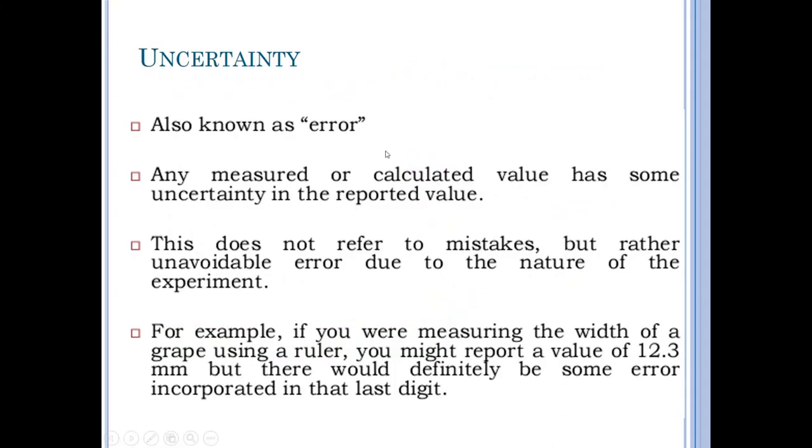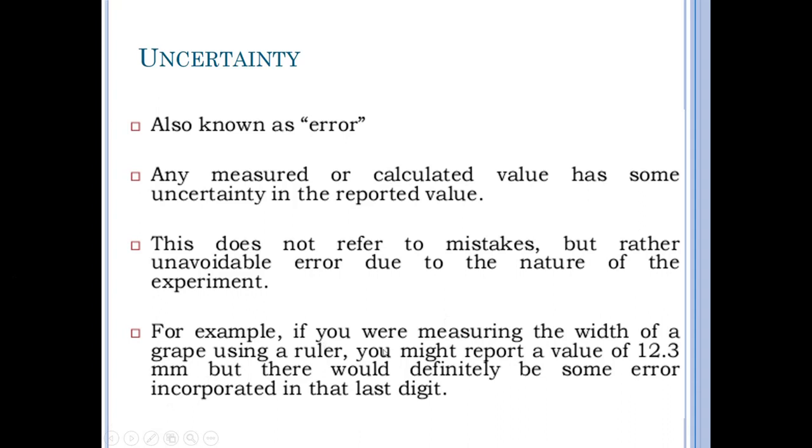So what is uncertainty? Well, uncertainty we also call error. Any measured or calculated value has some uncertainty in the reported value. This does not refer to mistakes, but rather an unavoidable error due to the nature of the experiment.